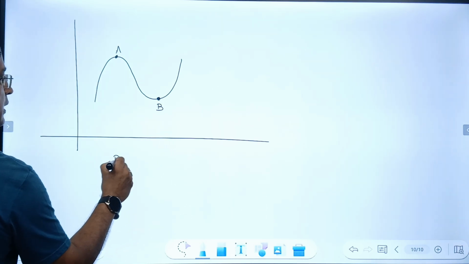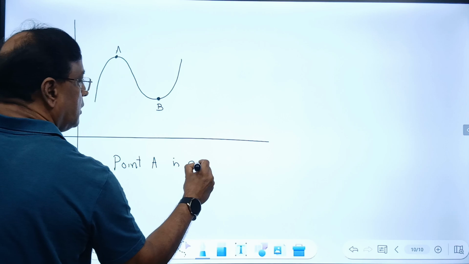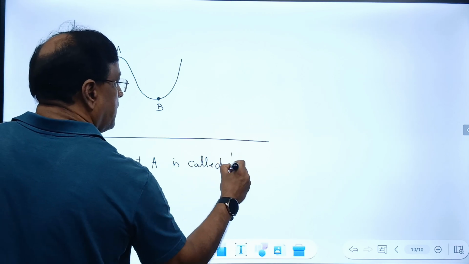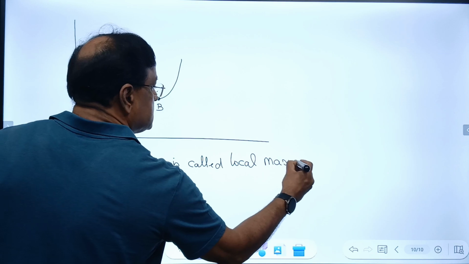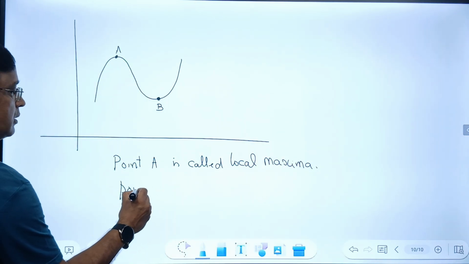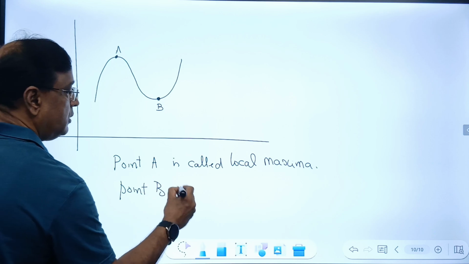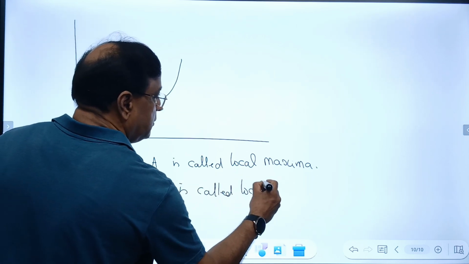This point A is called local maxima, and the point B is called local minima.